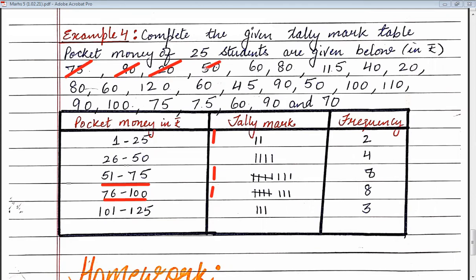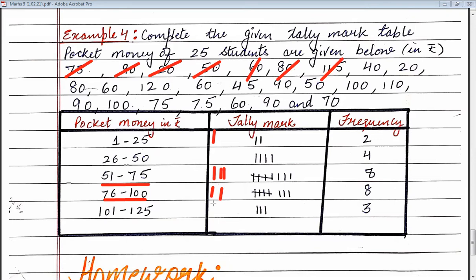Now the next one is 50. Where are you going to put 50? Yes, you are right. It will come here in 51 to 75. The next one is 60. So again it will come here. Now 80. Can you tell me where 80 is? It will come here in 76 to 100. Now the next one is 115.